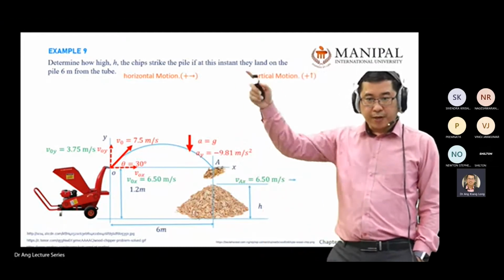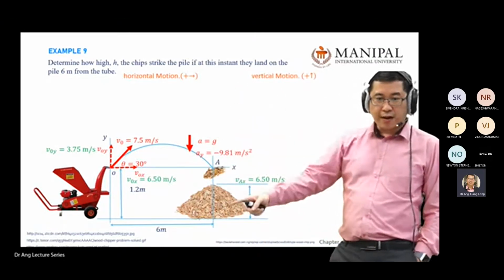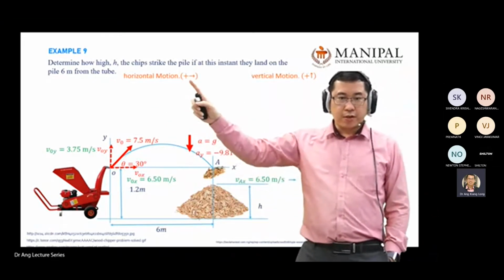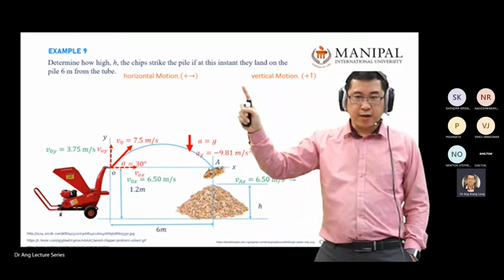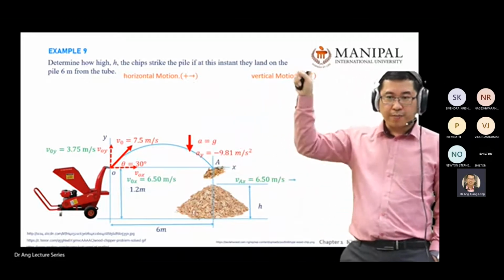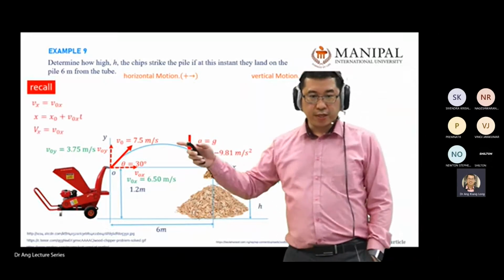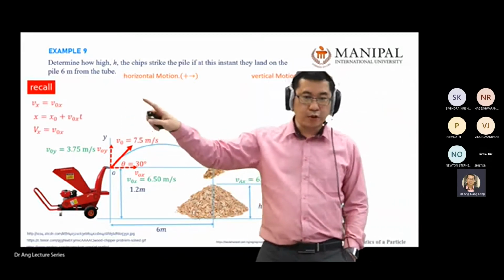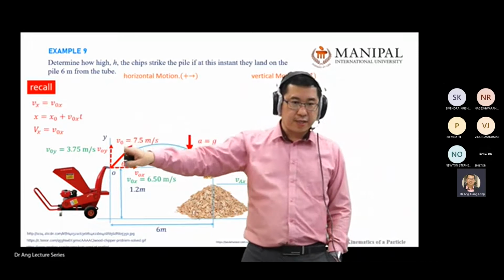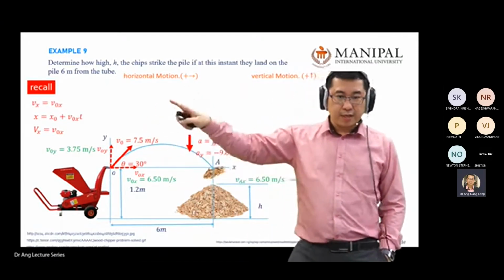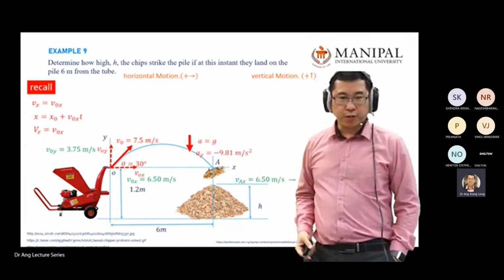Okay, again, you can break your answer sheet into two halves, one horizontal, one vertical. Horizontal, all the positive direction is to the right. Vertical motion going up is positive. Recall the three equations that I mentioned just now, or you already derived earlier, and you compare side by side with the diagram, solve for horizontal motion.